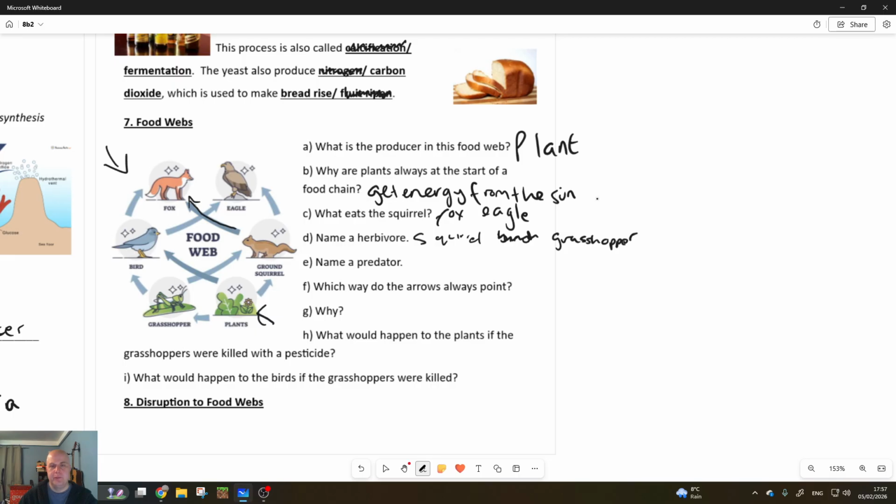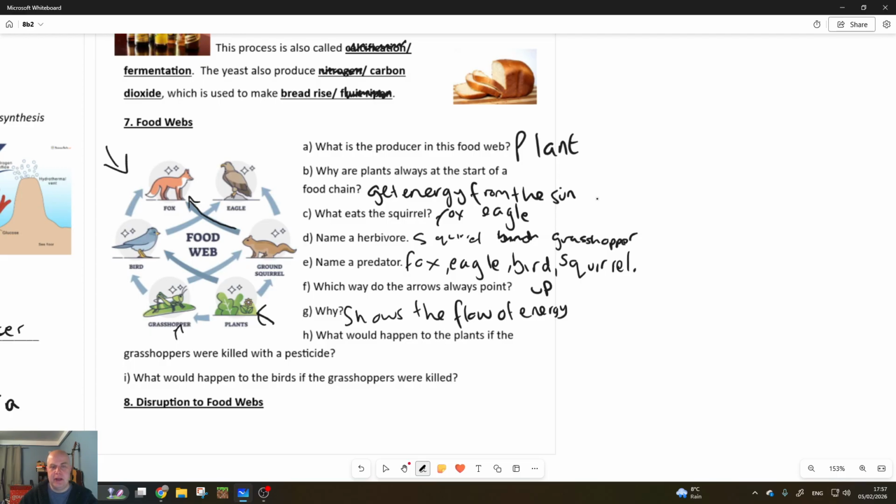Name a predator. Predators are animals that hunt other animals. That would be the fox, the eagle, the bird, and the squirrel. Because the bird and the squirrel hunt the grasshoppers, don't they? Yes, they do. Which way do the arrows always point? They point up the food chain, because this shows the flow of energy.